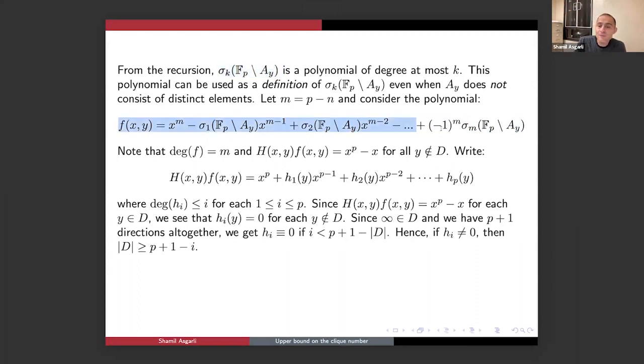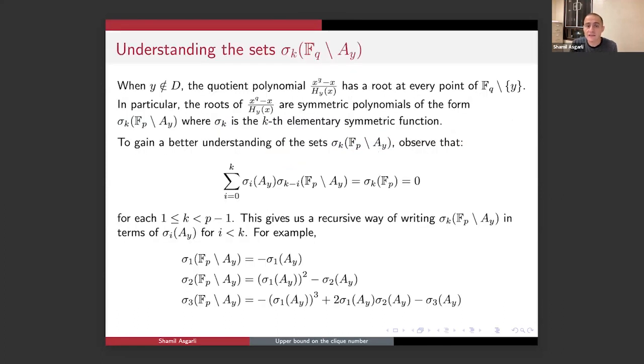But let's just remember why sigma k of F_p minus A is important. Well, this came from taking the quotient of x to the p minus x divided by h(x,y). We did this calculation earlier.